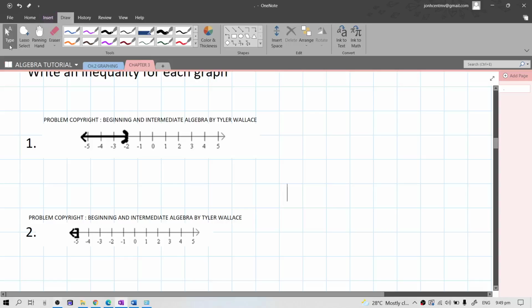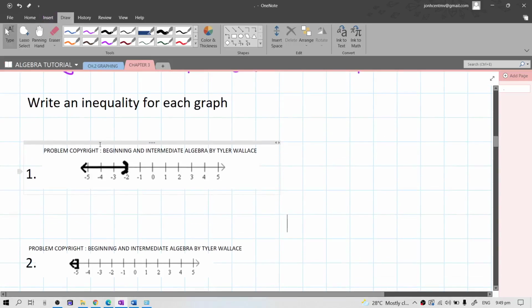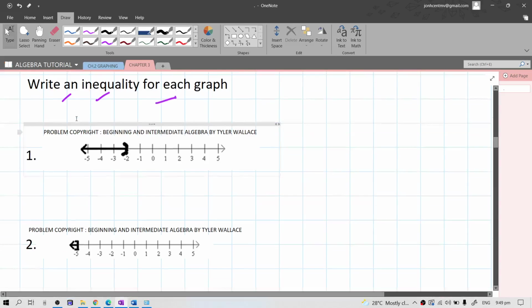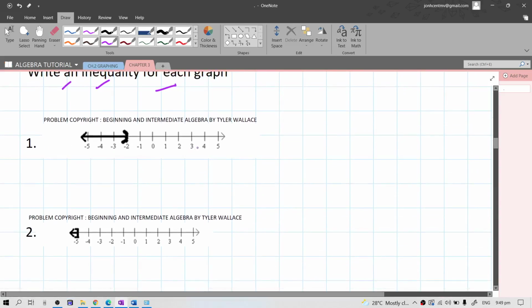Okay, so for our next exercises, that is to write an inequality for each graph. So first, we have this graph. So ano ang inequality niyan? So the inequality here is, let's say, x represents the number.